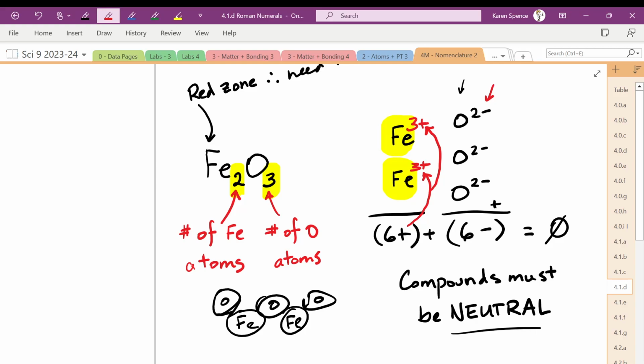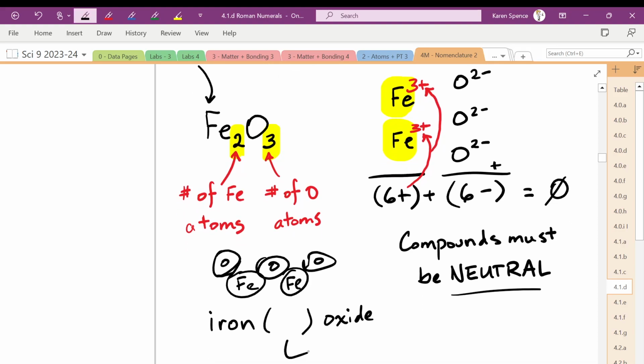And now we're going to write the name. We write iron, and it's in the red zone, so it needs a Roman numeral. We put the Roman numeral in brackets. And then oxide. What does the Roman numeral tell us? The Roman numeral is the charge, and it's the charge on a single iron.